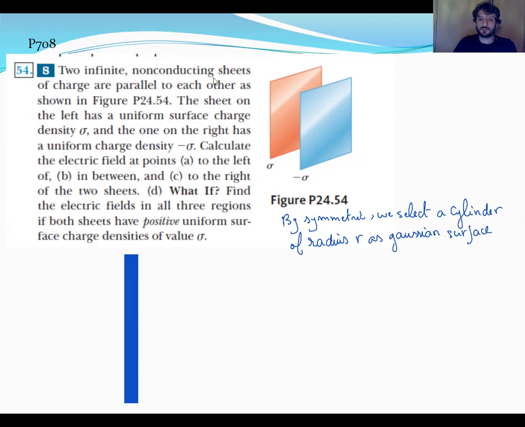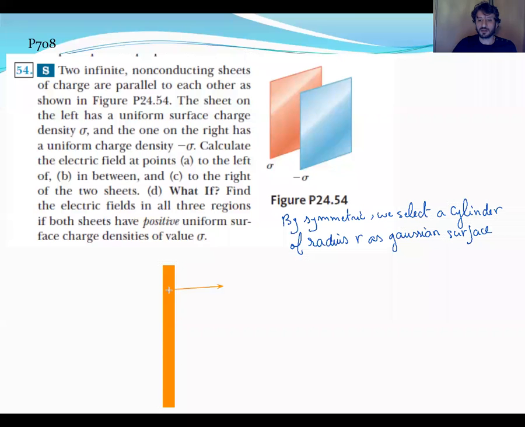Okay, you know this plate, let's take the orange plate in general. This plate is positively charged, so the field must be outward from the plane, to the right and also to the left, because it's a symmetric object.